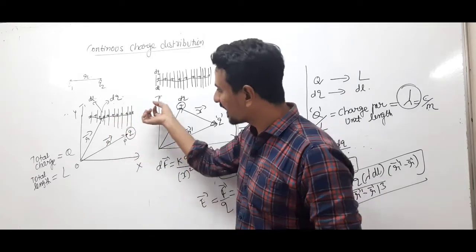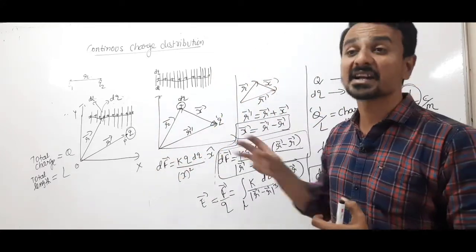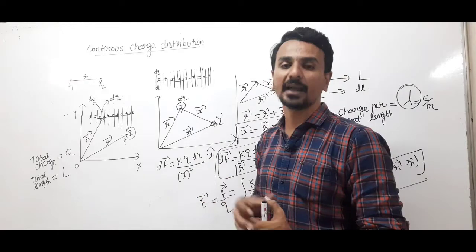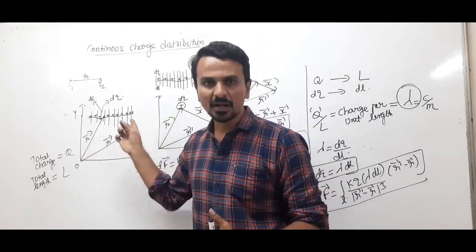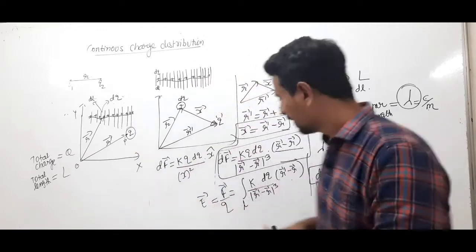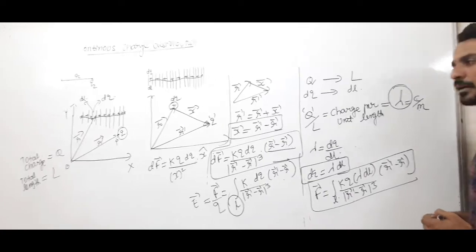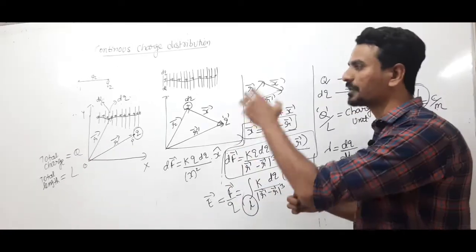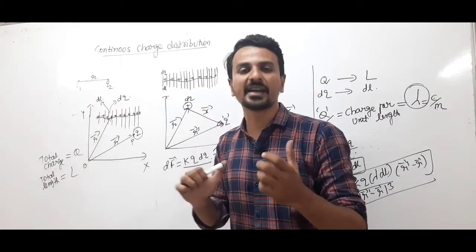Clear? What if I am taking any two-dimension object or object containing area? Then charge will be enclosed inside an area, not over the length. These charges are distributed over a length, so we have represented it as line integration. You need to make a few changes if the charges are kept in a two-dimension or three-dimension object.